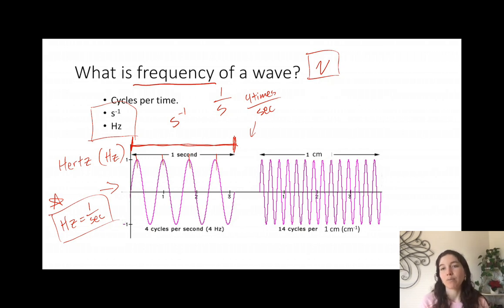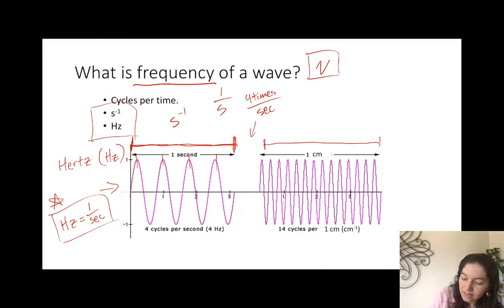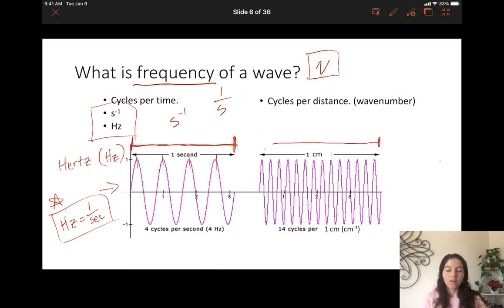Another way that we represent frequency, oftentimes when we're talking about light, is how many times the light wave occurs per distance. We had said per time, so let's look at a distance instead. Let's say this is a centimeter. Over 1 centimeter, we have this wave occurring a certain number of times.